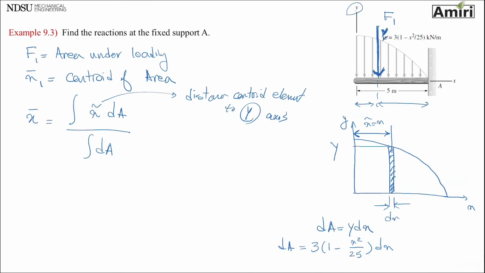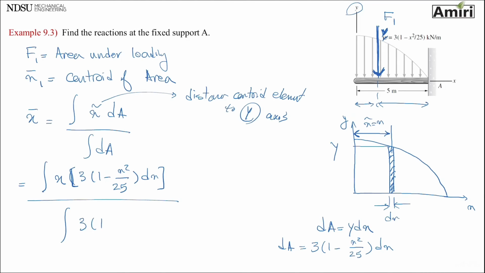So now let's do the integration. X tilde, which is x, times dA, which is 3(1 minus x squared over 25) dx, over the integral of 3(1 minus x squared over 25) dx. Bounds of integral, it moves from 0 to 5 meters.